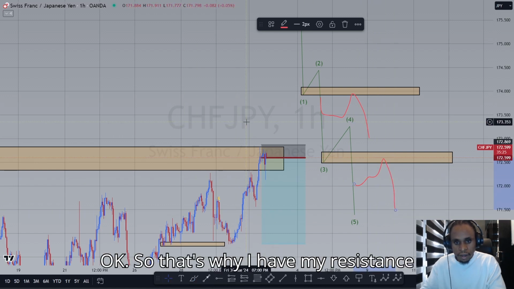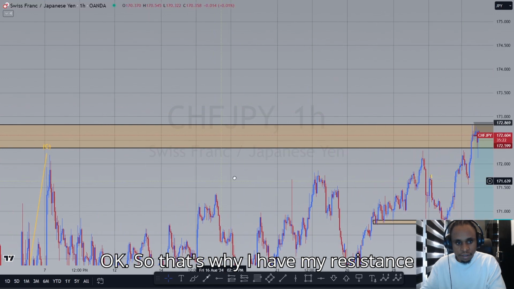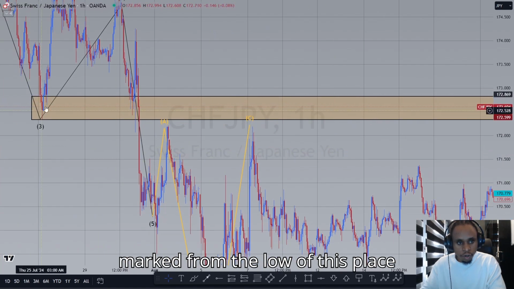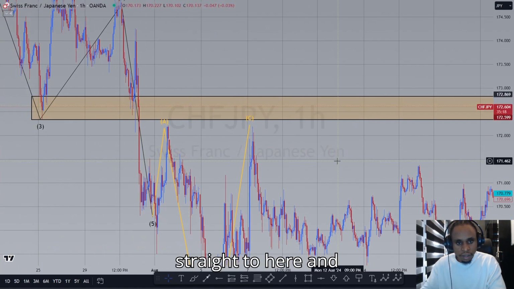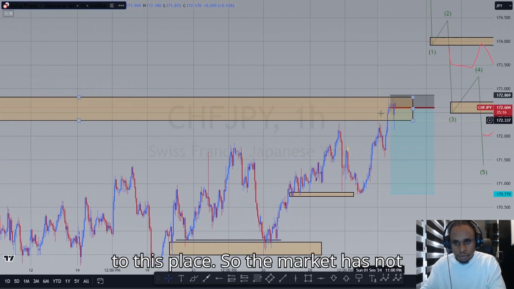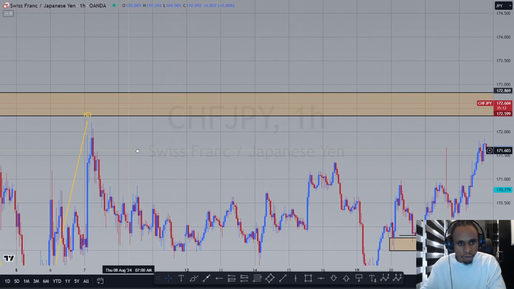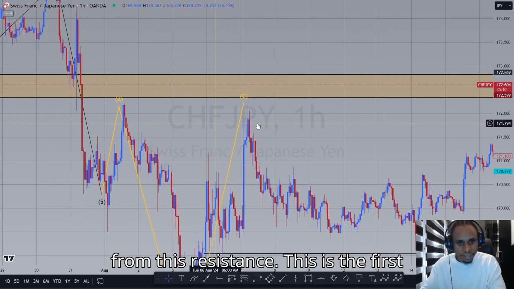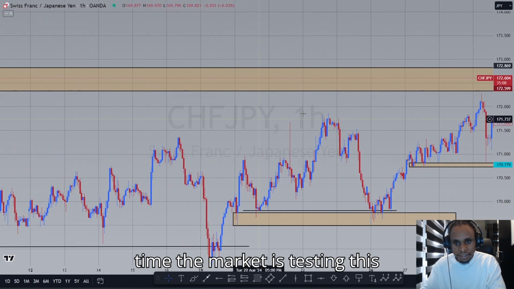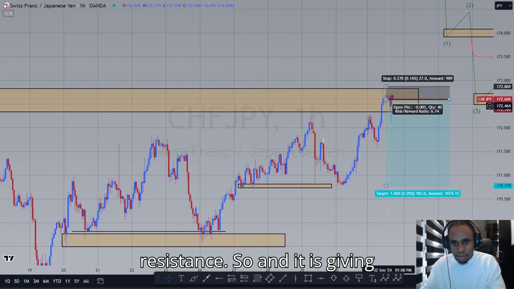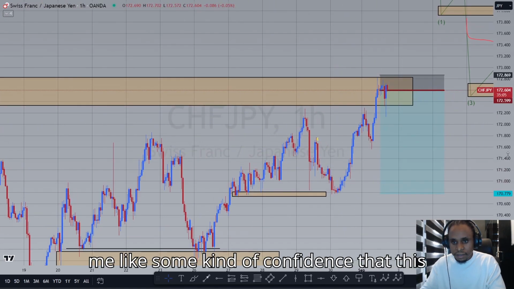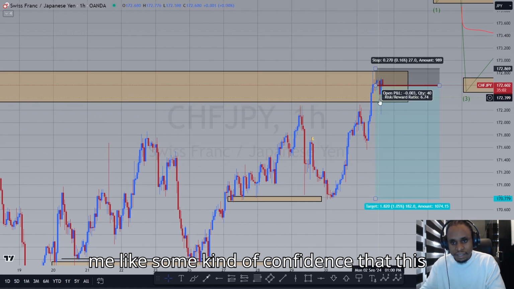So that's why I have my resistance marked from the low of this place straight to here and to this place. The market has not tested this zone before from this resistance. This is the first time the market is testing this resistance, and it is giving me some kind of confidence that this place could hold.